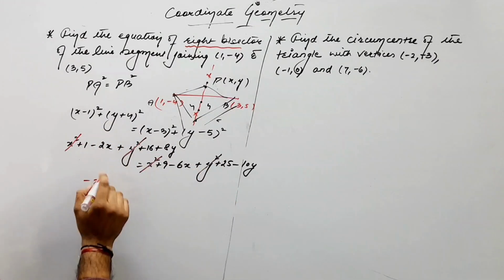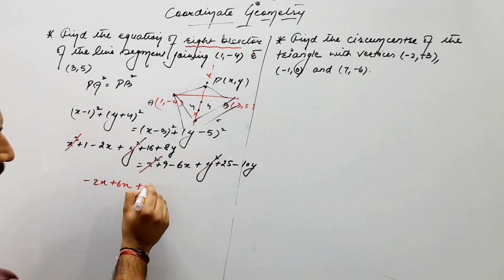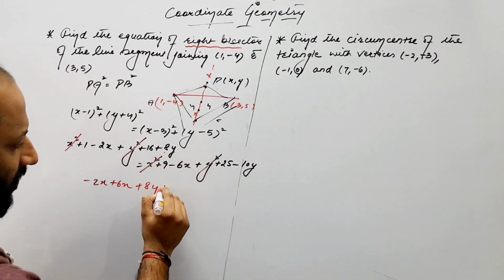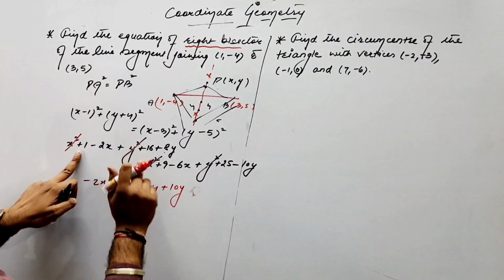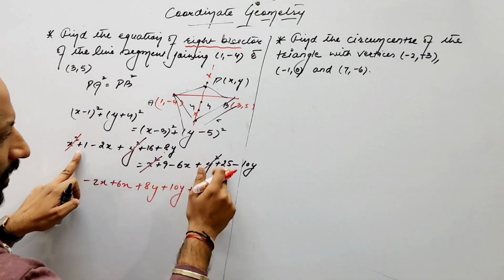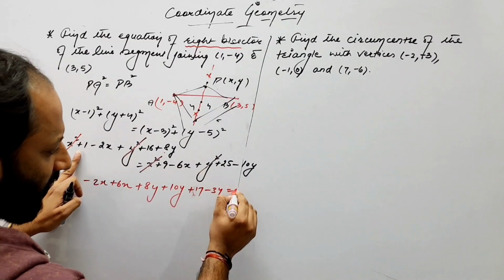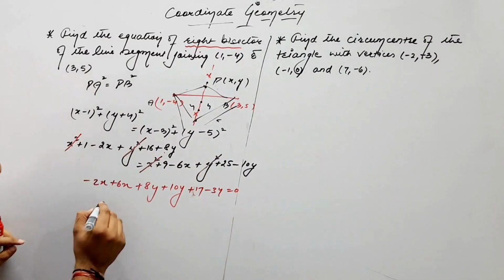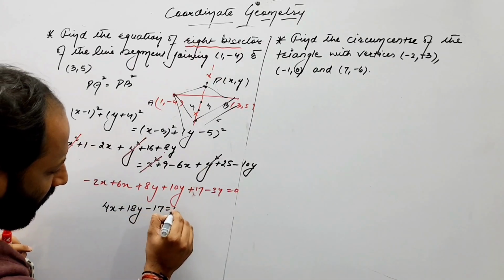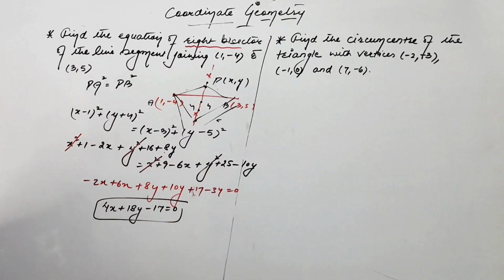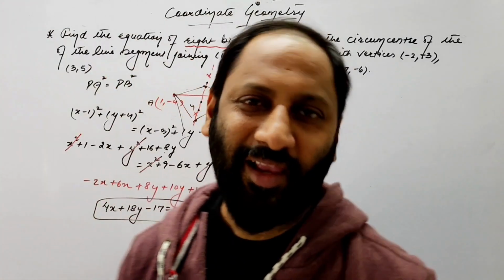Minus 2x, minus 6x, plus 8y, plus 10y, and 1 plus 16 is 17, 9 plus 25 is 34. So what is left? 4x plus 18y minus 17 is equal to 0. This is our answer, the equation of the perpendicular bisector of the line segment.